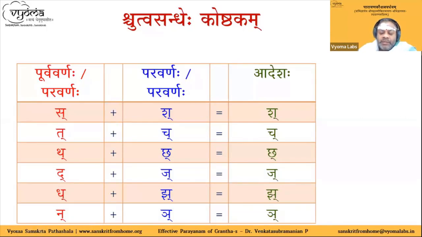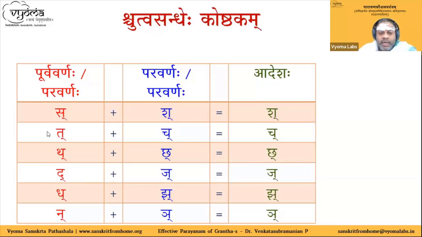If they are in the Paravarna, Shakara Chavarga can come also in the left hand side. So this Shchutvasandhi is between Sakara Tavarga and Shakara Chavarga. The yoga should be there between these sets of letters. But the replacement or the Adesha Karya happens only to Sakara and Tavarga letters. This is what we have to remember.